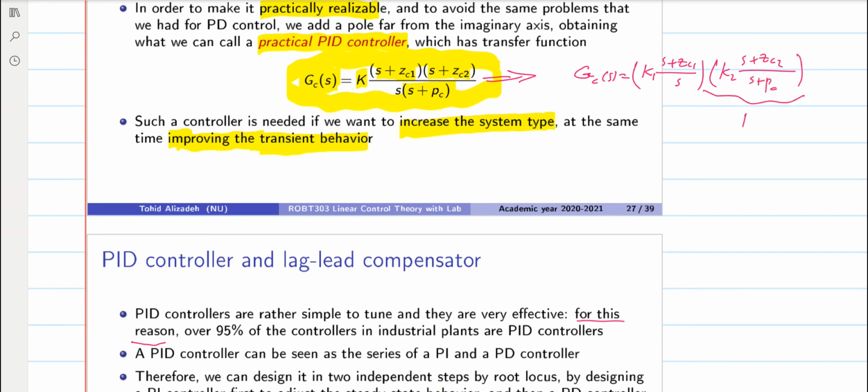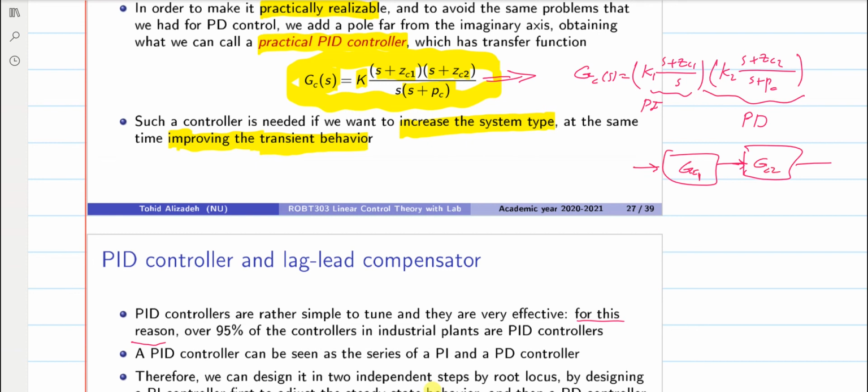So this part is the PD part, this part is the PI part, and since the transfer functions are multiplied by each other, we can say that we have those two controllers, GC1 and GC2, in series with each other.